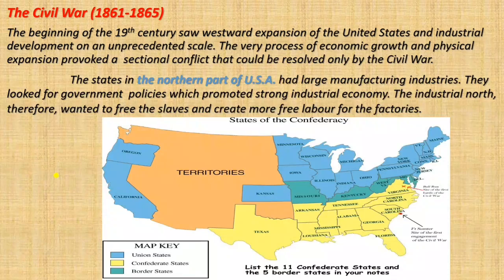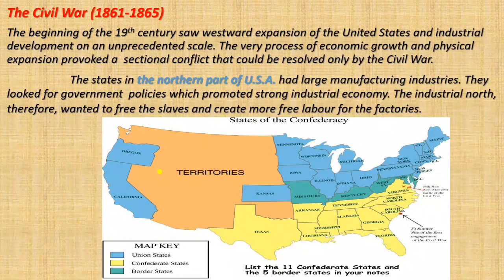Now we learn about the northern states and the southern states. Firstly, we see the northern states. The northern part of America had large manufacturing industries, and the government also promoted them for a strong industrial economy. Therefore, the North wanted to free the slaves from the South and throughout America, to create more free labor for the factories and increase the industrial and economic capacity.